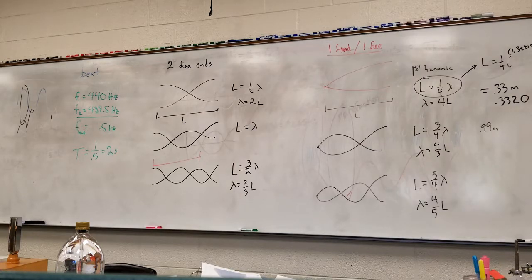Now, as they get farther and farther apart, it gets a lot harder. So if I did 400 and 440, you get a trill in there. That's 40 hertz off. If I went 300 and 440, at that point, to me, it just sounds like two different sounds playing.